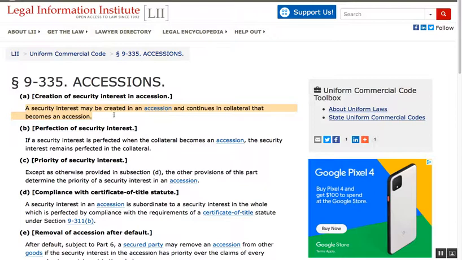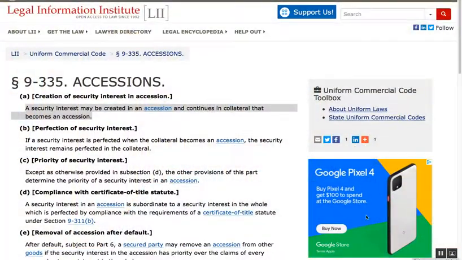This means that if you have a security interest in an item, and it becomes an accession, that is, it's added to another good, such as the celestial tracker added to my telescope, then the original security interest in that celestial tracker will continue in the celestial tracker, even though it's been united with the telescope. So the original security interest continues after the accession takes place. That's the first rule that we're going to learn.